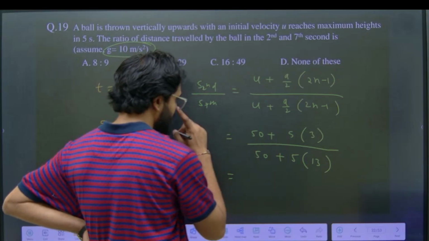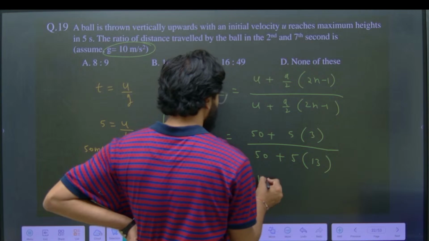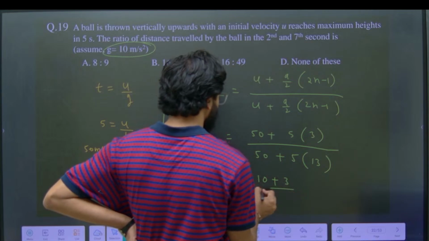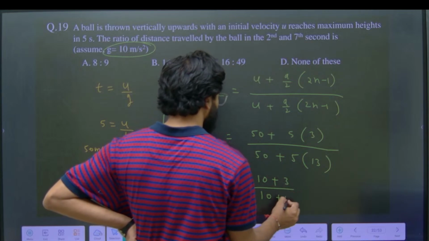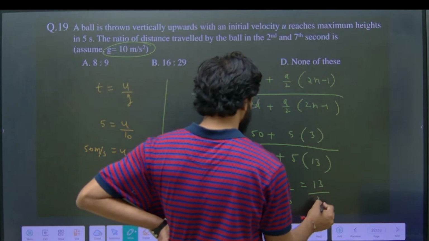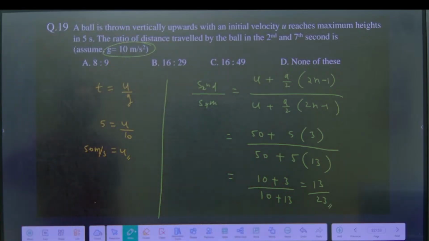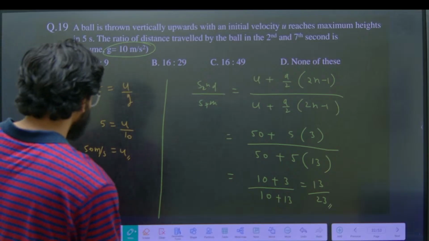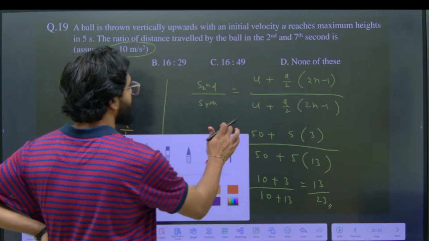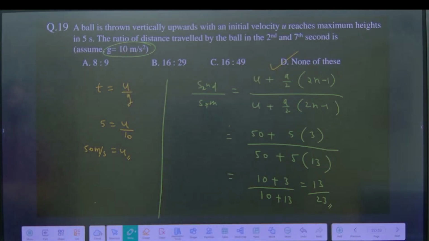If we divide the expression by 5, it will be 10 plus 3, 10 plus 13, so 13 upon 23. Correct, 13 upon 23. So the answer is none of these.